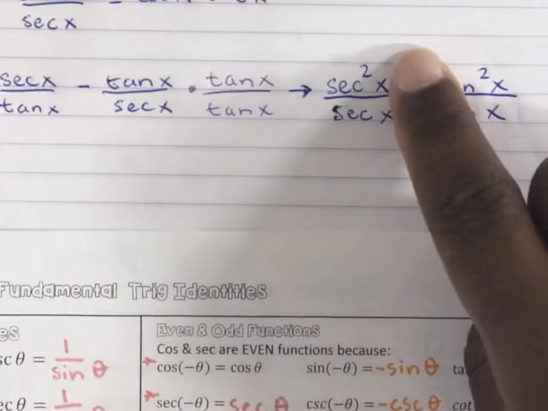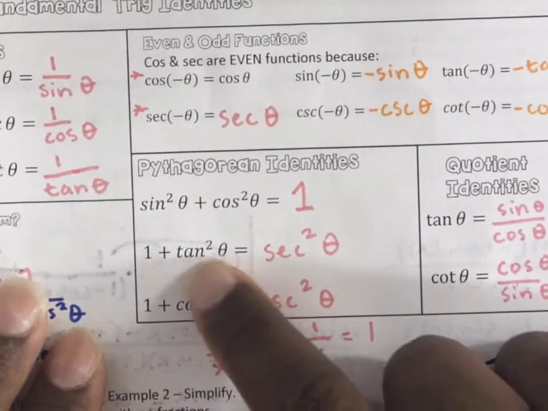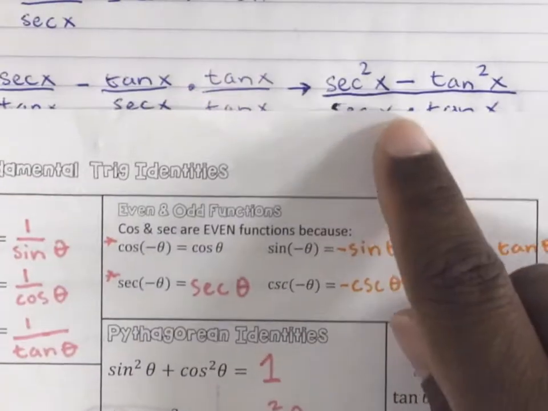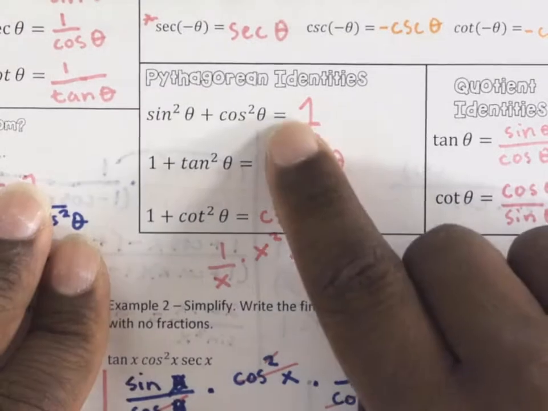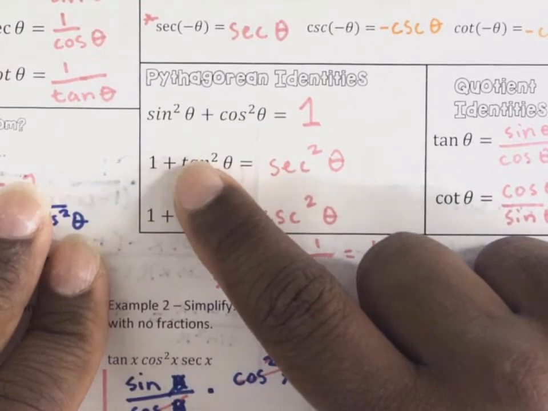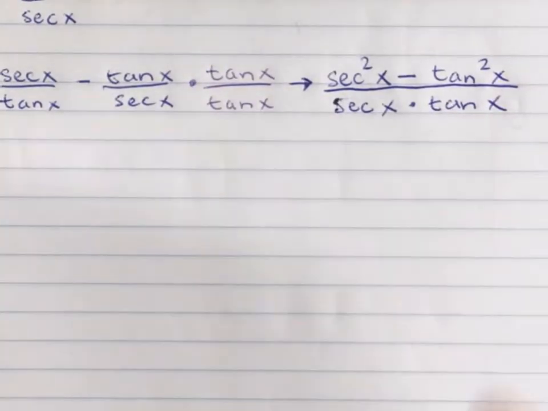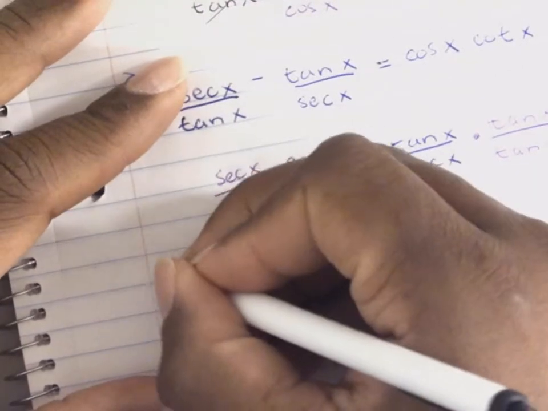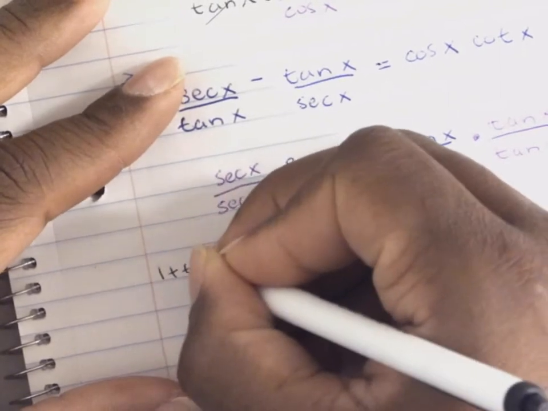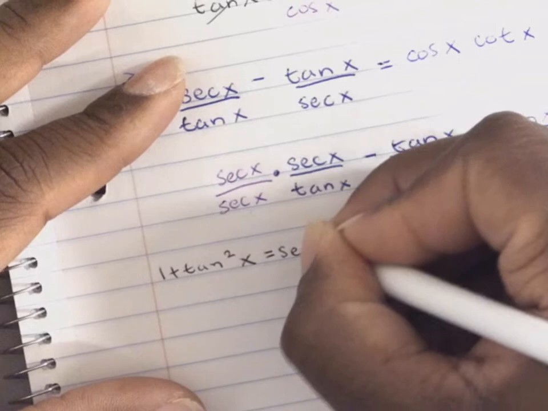Now, this does not look like what I have, but what I can do is maybe change this formula around to where I get secant and tangent, both of those terms squared, with a minus sign. Let me show you what I mean. I've got 1 plus tangent squared x equals secant squared x.